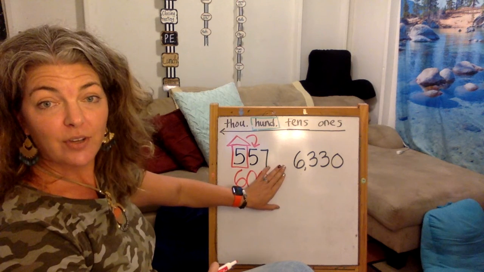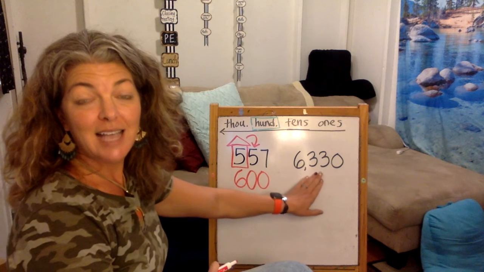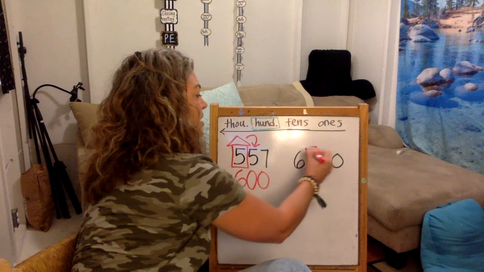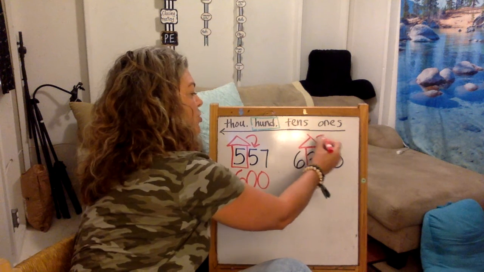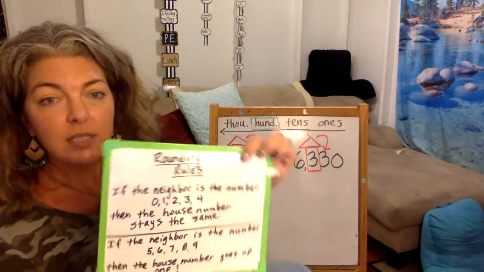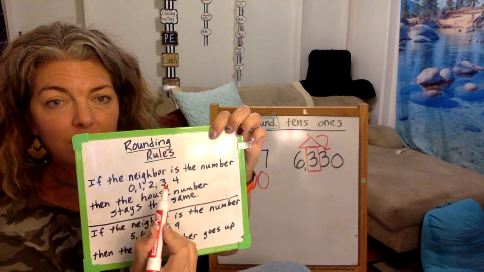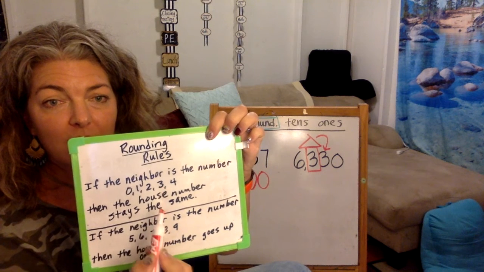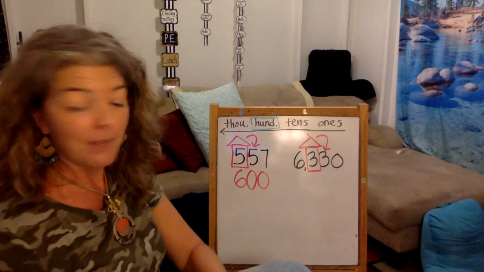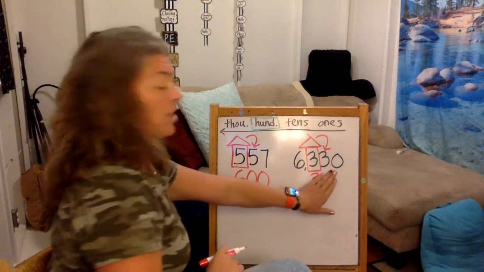Let's do this one together. The hundreds place, we've got ones, tens, hundreds, thousands. We are rounding to the hundreds. Check in with the neighbor. The neighbor is a 3. Let's look at our rules. Find the 3. Boop, there it is. If the neighbor is a 3, my rule tells me that my house number stays the same. I've talked to my neighbors.